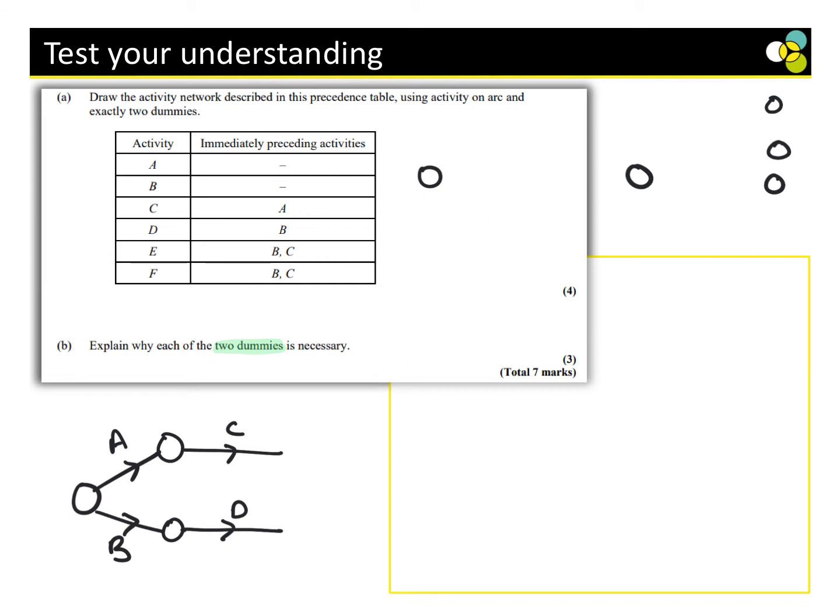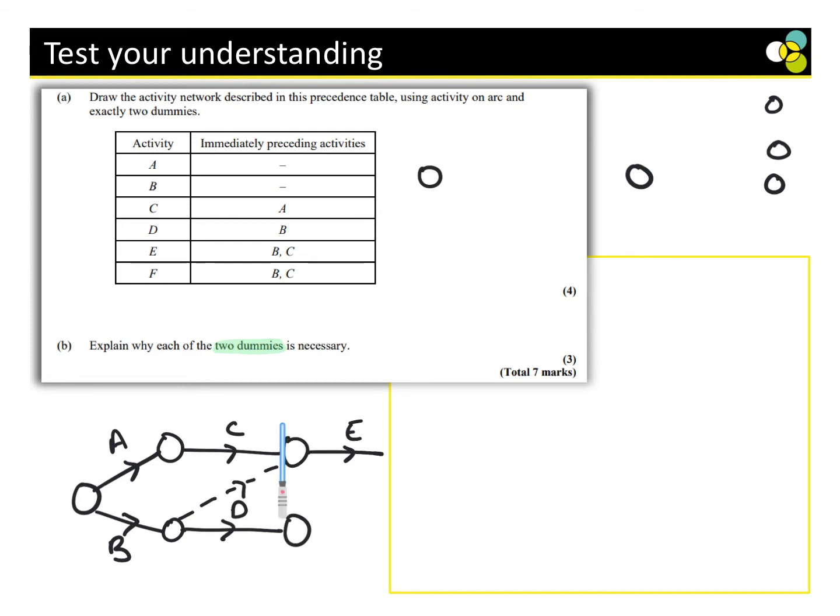Now, this is the mistake that people make. Can you see how I haven't started drawing the nodes here? This is why it cuts your vision off. Let's say I started drawing my nodes here. I then have a look and E is dependent on B and C. So I can do a dummy here, and then E is dependent on that.